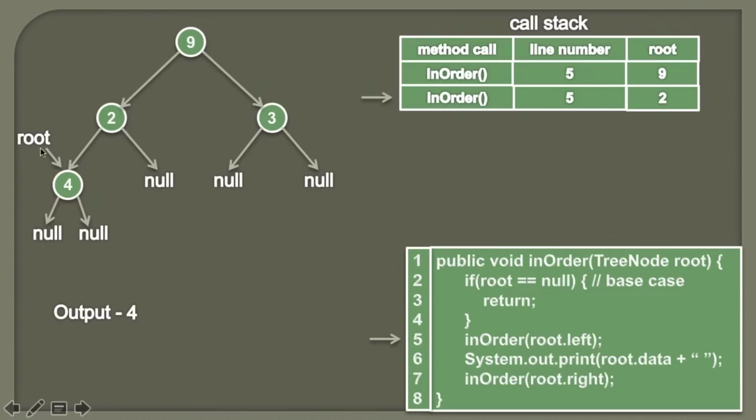So therefore now root will point to the node 2 and will start executing after line 5. So here we can see that before processing the node 2, we have completely visited its left subtree. So now is the time to process the node itself. Therefore we simply print its data on the console. So you can see 2 gets printed on the console.